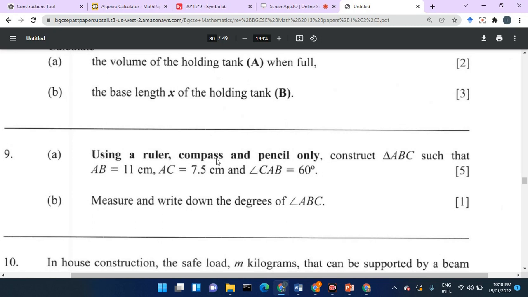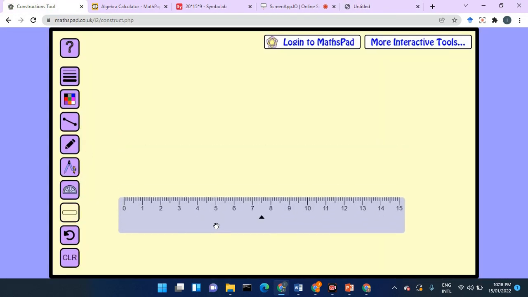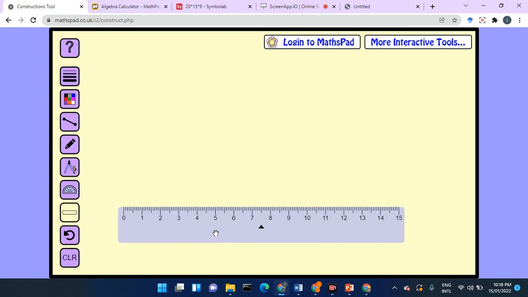So we need to first consider the base. The base needs to be 11 centimeters. So let's get a ruler, and we need to measure out 11 centimeters.